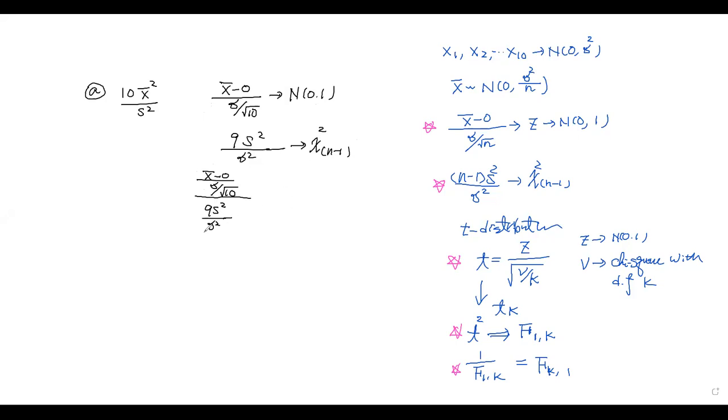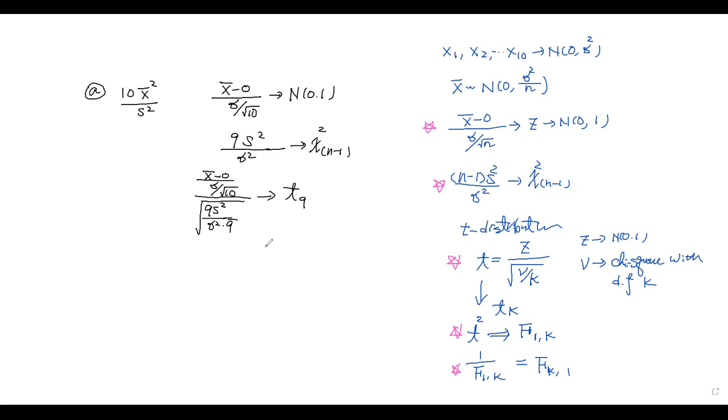This is a chi-square, and then divided by the degrees of freedom 9, and take the square root of that. So this will be my t distribution with how many degrees of freedom? 9 degrees of freedom, right?